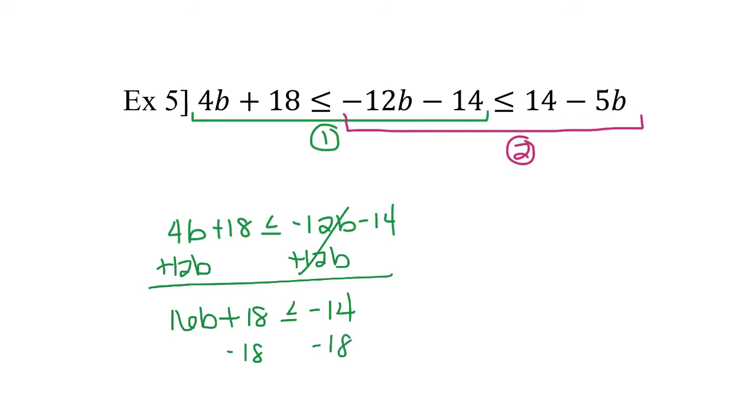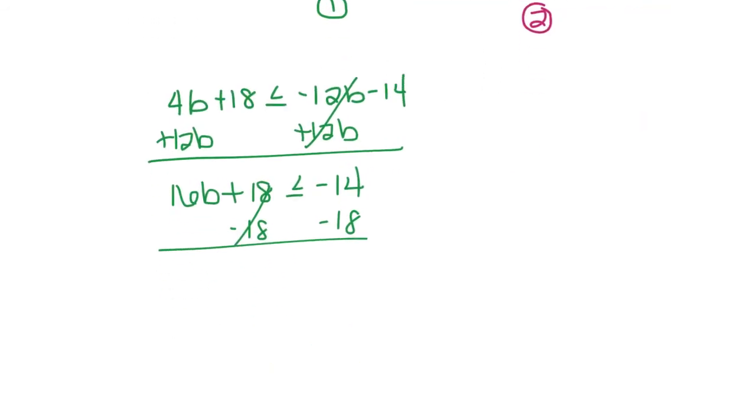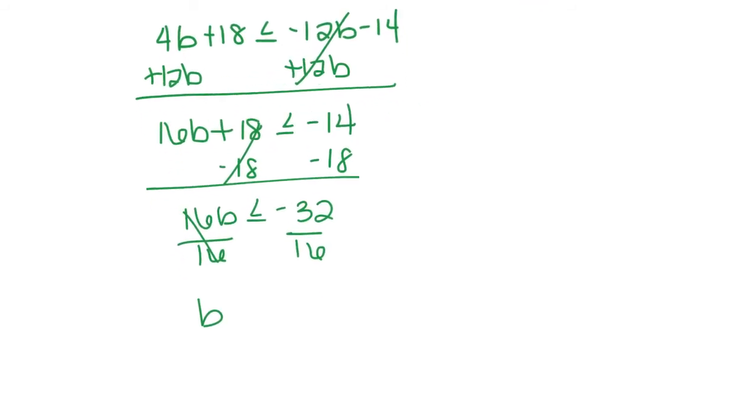Subtract 18 from both sides. So we have 16b less than or equal to negative 32. Divide by 16. We're dividing by a positive number, so the inequality will stay the same. And then negative 32 over 16 makes negative 2. So here's half my answer so far, so let's hang on to that.